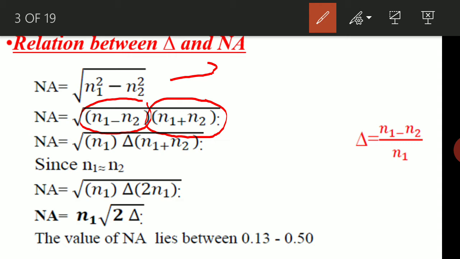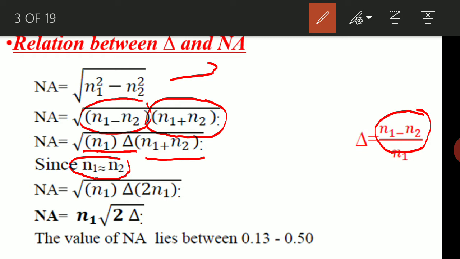From delta, we know that n1 minus n2 is delta into n1, so we substitute that here. And as we discussed previously, the values of n1 and n2 are very close to each other. Therefore we approximate n1 as almost equal to n2.